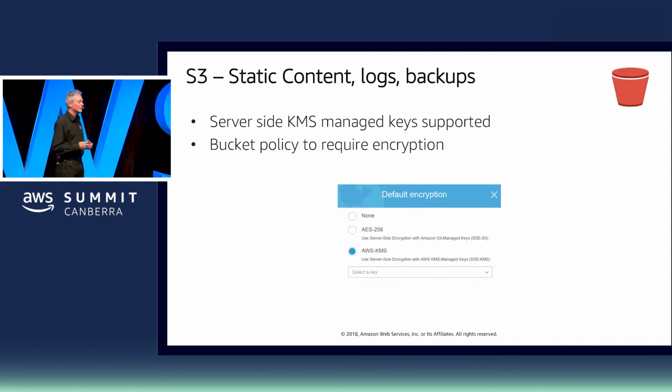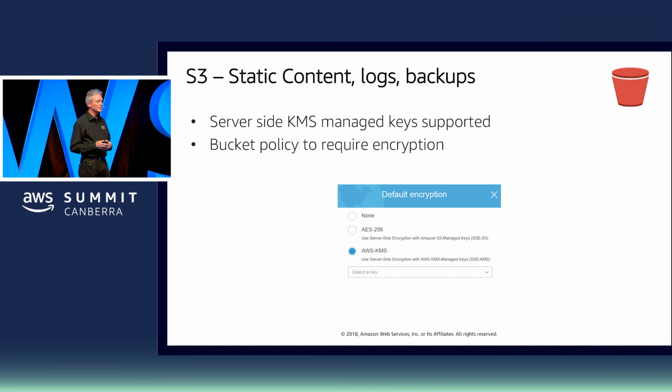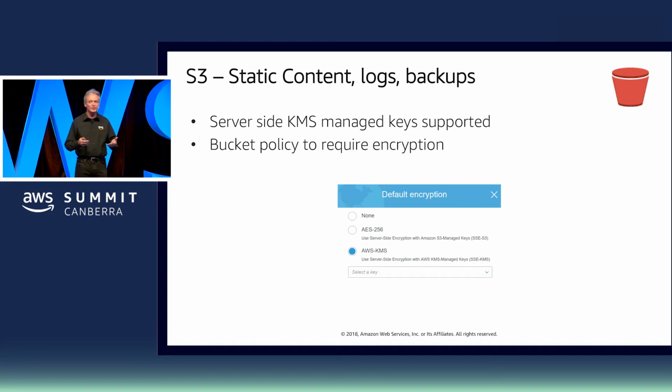And then even that S3 content, remember I said we could also use S3 for that static content, maybe your images, your client-side JavaScript, so on. Also your logs, your backups of this application. So again, S3 integrates very straightforwardly with KMS. And in fact, one of the newer features with S3 is this concept of default encryption.